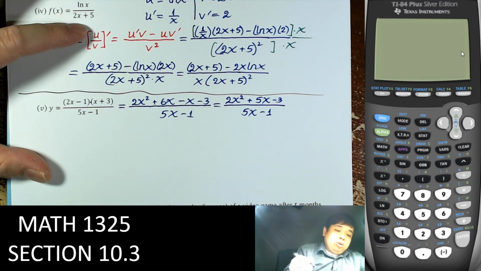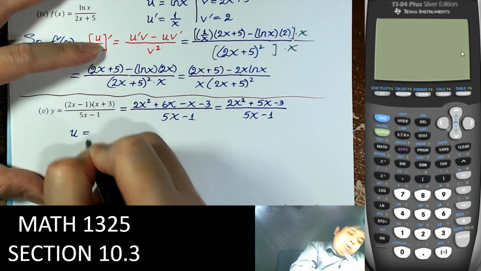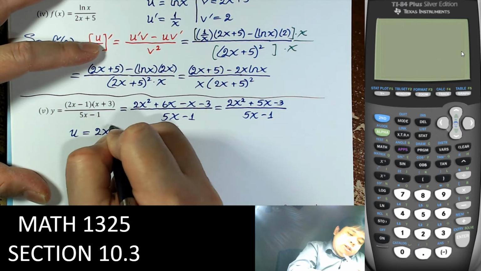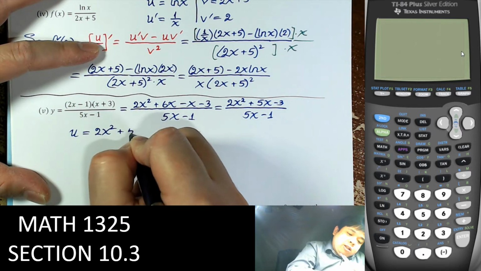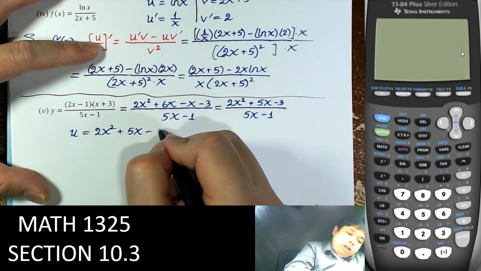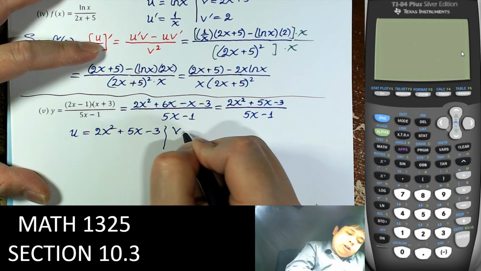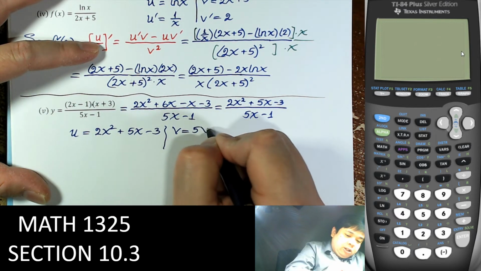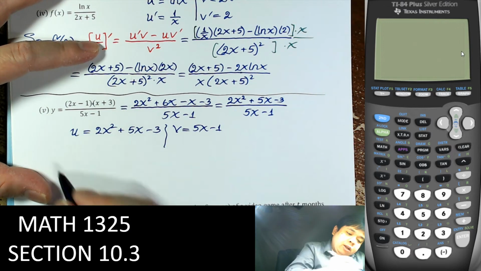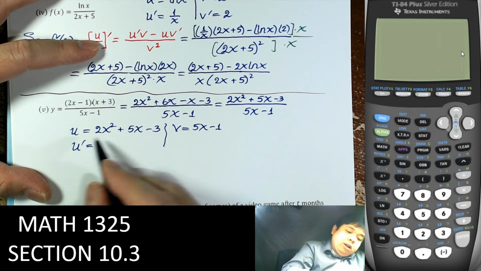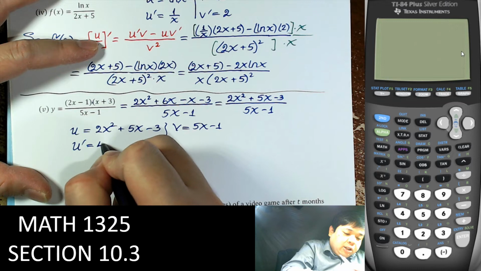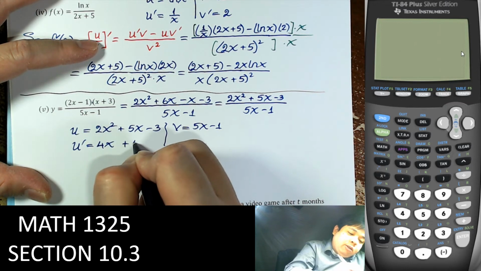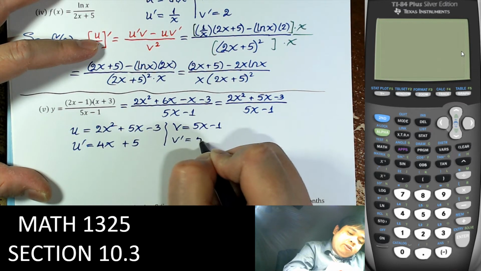Right, now we use the quotient rule. u equals 2x square plus 5x minus 3, v is 5x minus 1. u prime is 4x plus 5, and v prime is 5.